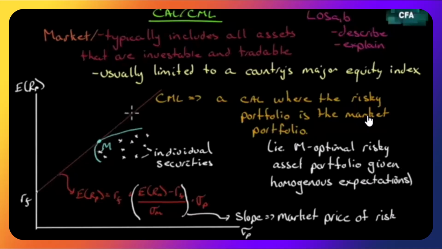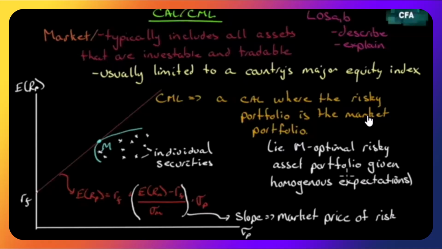Now we're going to call this the capital market line. The capital market line is really just a special case of a capital allocation line, where the portfolio of risky assets is the market portfolio. And M is the optimal risky asset portfolio given homogeneous expectations, as we discussed earlier. So if we were constructing a passive investment, there's our optimal portfolio.